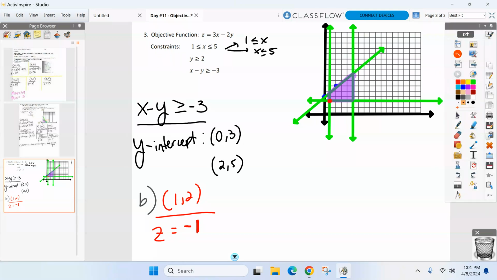But 5, 2. We got a winner. 5, 2 right here. Yep. What do I get with 5, 2? Z equals 11.